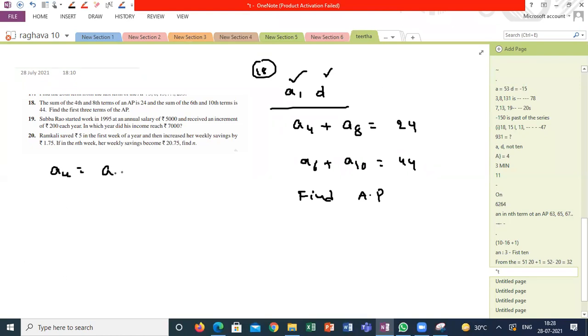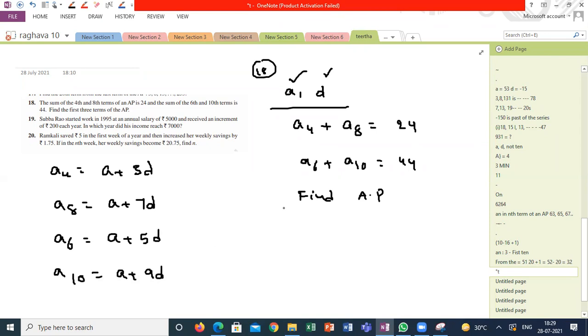A4 is equal to how much? A plus 3D. A8 is equal to A plus 7D. A6 is equal to A plus 5D. A10 is equal to A plus 9D. So writing the first equation, A4 plus A8 is equal to 2A plus 10D is equal to 24.